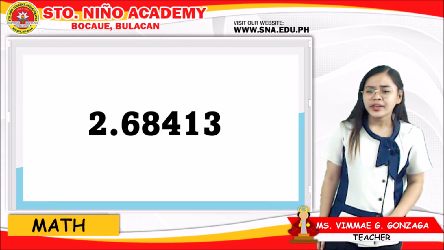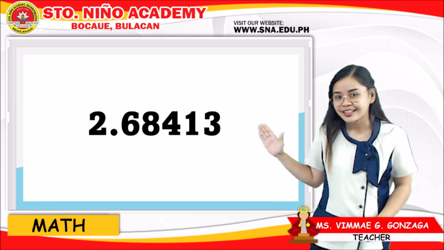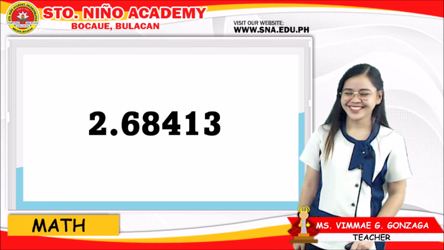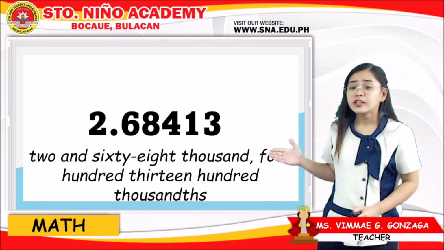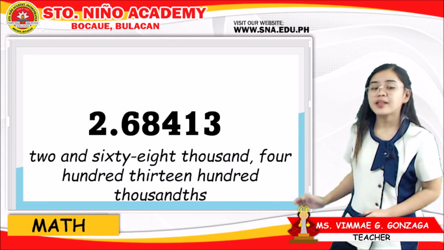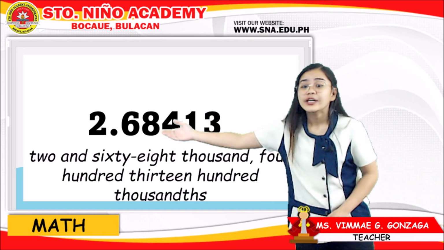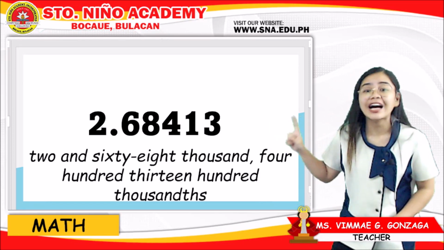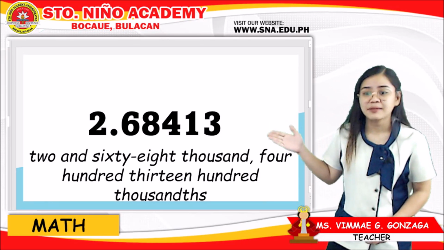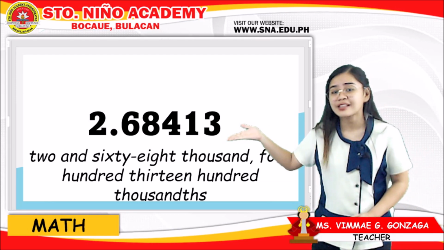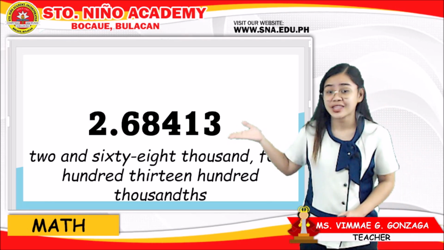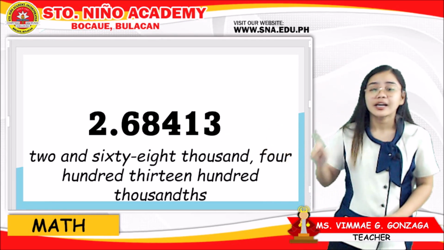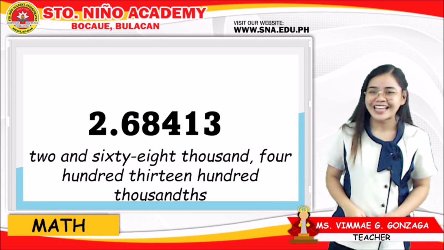How are you going to read this number or decimal number? So we will going to read this decimal number as 2,068,430,100,000. Kasi mga anak, ang last digit natin sa decimal number ay 3. At ang place value ng 3 ay 100,000. Do you understand?